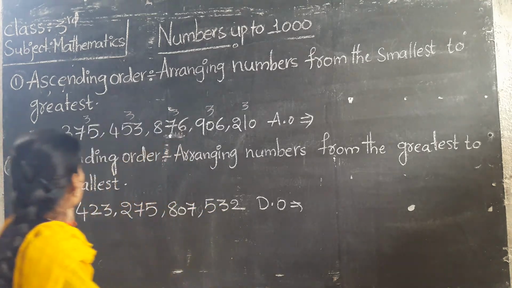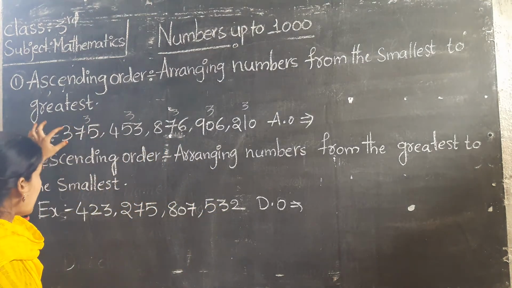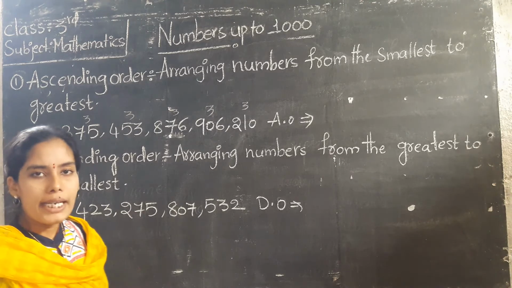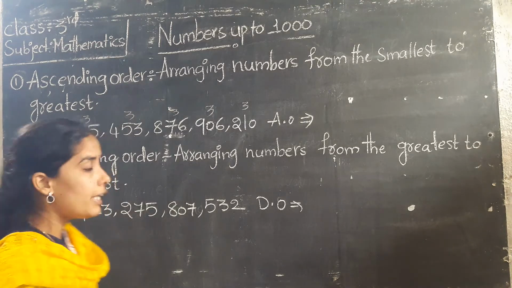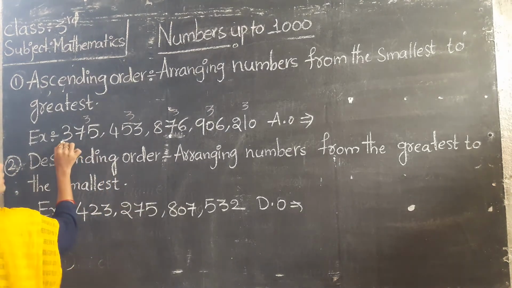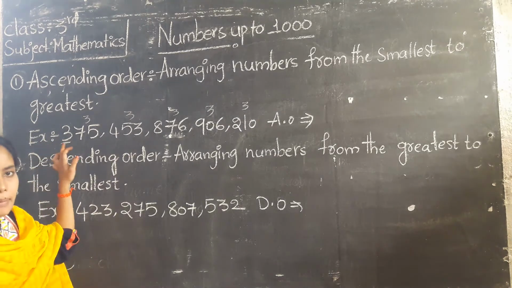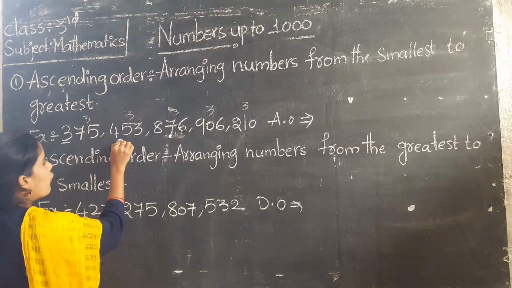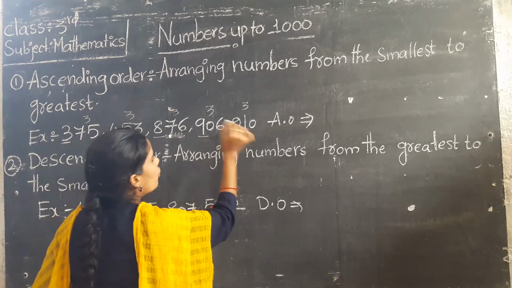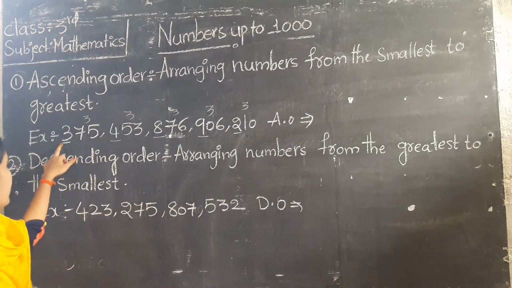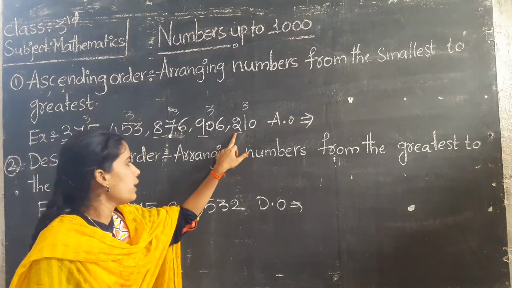First we have to compare the highest place value. That is, what is the first digit in the hundreds place? Here 3, 4, 8, 9, 2 in the hundreds place.